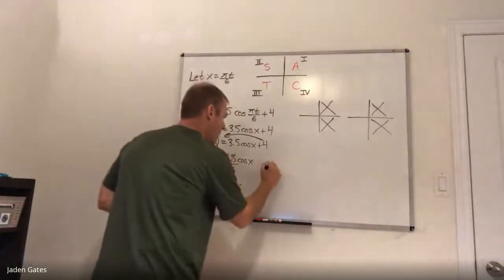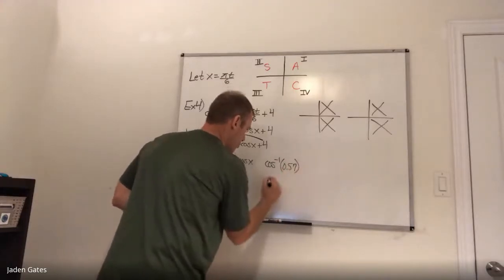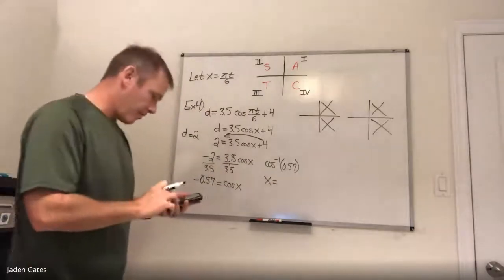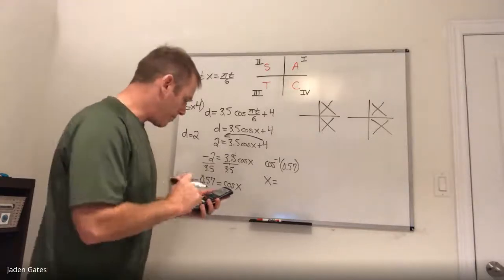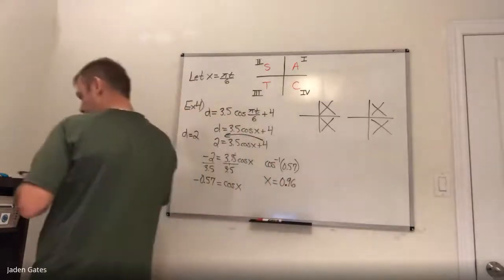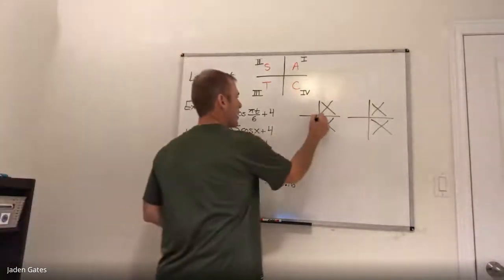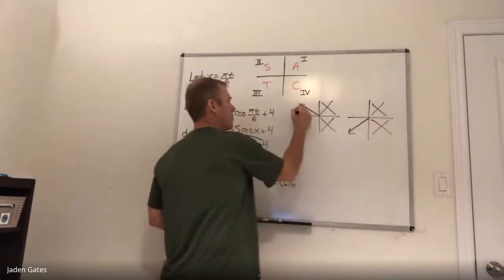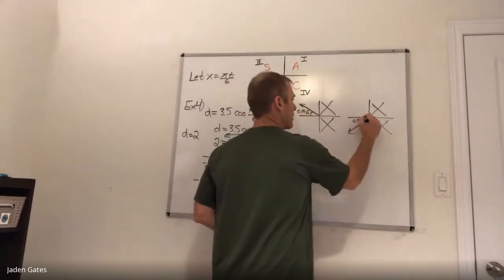Now to find my acute angle, I do cos inverse of 0.57. The sign is just telling me what quadrants my answers are going to be in. So I go cos inverse 0.57, and I get 0.96. Now I know I have one terminal arm here, the other terminal arm here, and a 0.96 angle at each.